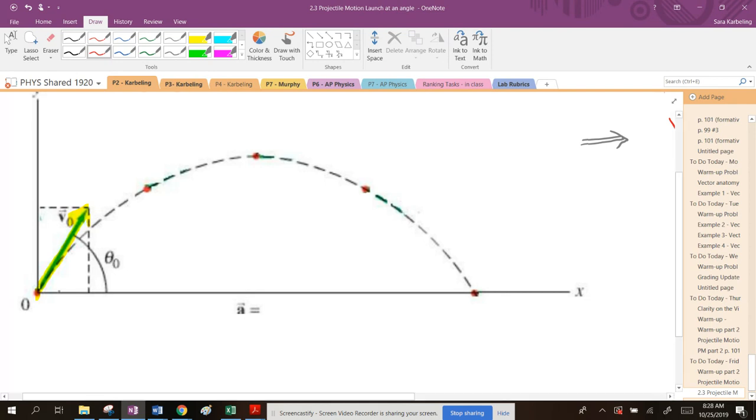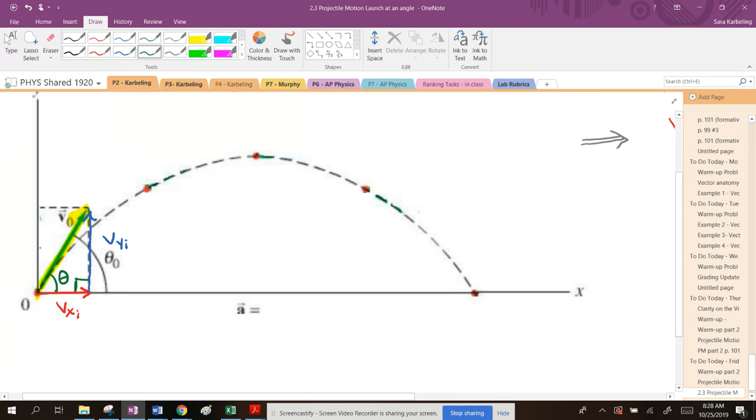Just like we did with vectors, we're going to break this into two pieces. I've got my initial velocity vector. I'm going to do part of it in the x direction. I've got Vx, and that's the initial velocity in the x direction. And now I do have some initial velocity in the y direction as well. To figure that out, we do the same kind of process that we did with vectors. I'm going to mark that angle theta, and we see that we have a nice little right triangle here.